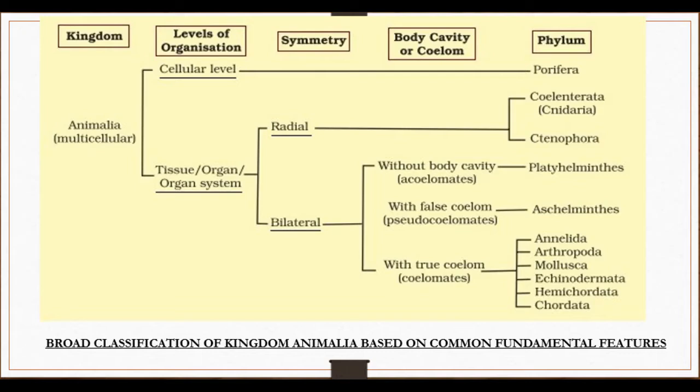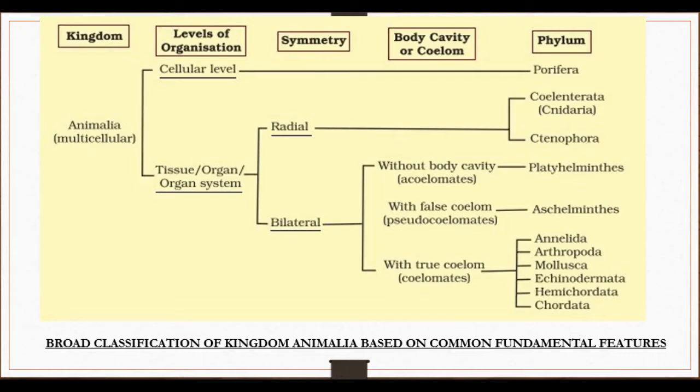In the case of symmetry, there are mainly two types, radial and bilateral symmetry. And for body cavities or coeloms, there are three types: without any cavity, false cavity or true cavity, that is acoelomate, pseudocoelomate and eucoelomate.